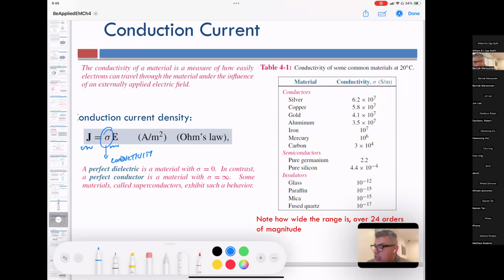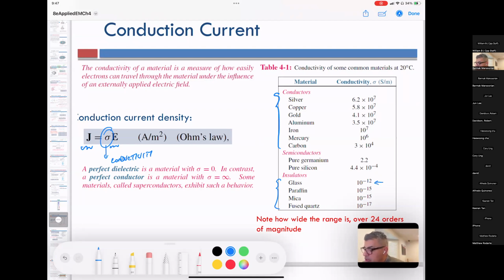This conductivity is different between different materials. Here's a list of some common conductors: silver, copper, iron, aluminum, etc., and you see the conductivity values there. Conductivities are also given for insulators, where you wouldn't get such a great amount of current flowing for the same electric field.